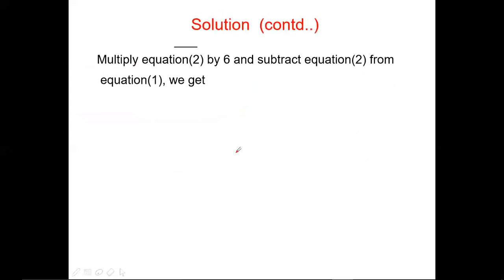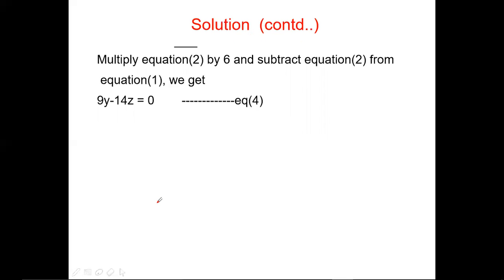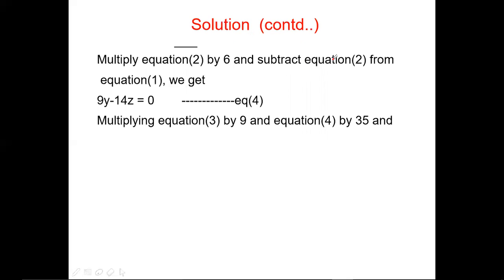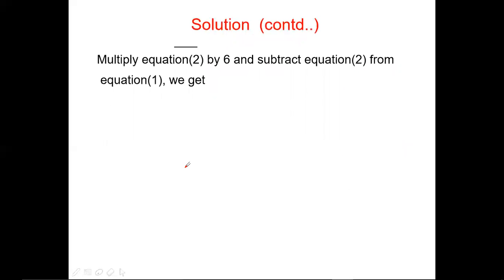By doing some algebra with loop 1, loop 2 and loop 3, multiply equation 2 by 6 and subtract equation 2 from equation 1. Where is equation 2? This is equation 2: minus 6x plus 3y plus 17z. After solving those three, we multiply equation 2 by 6 and subtract equation 2 from equation 1.